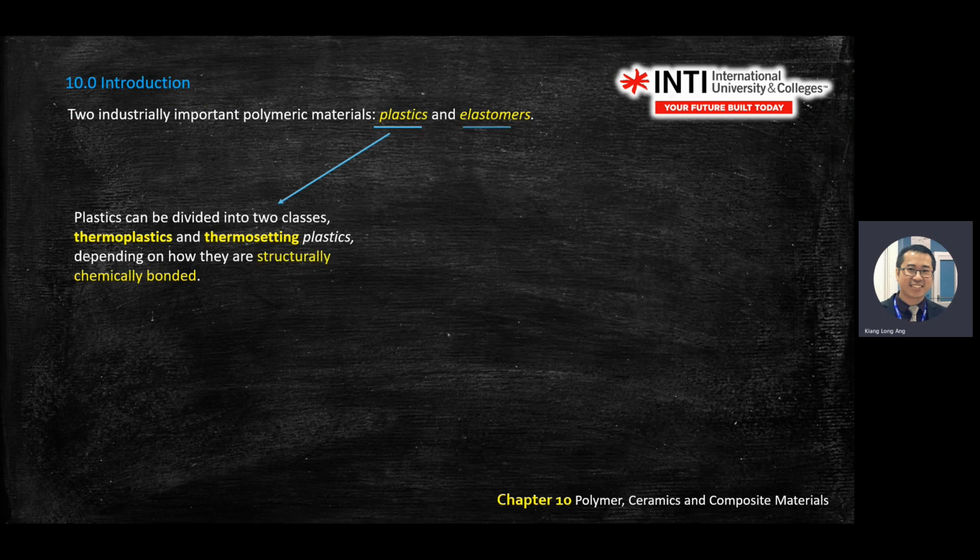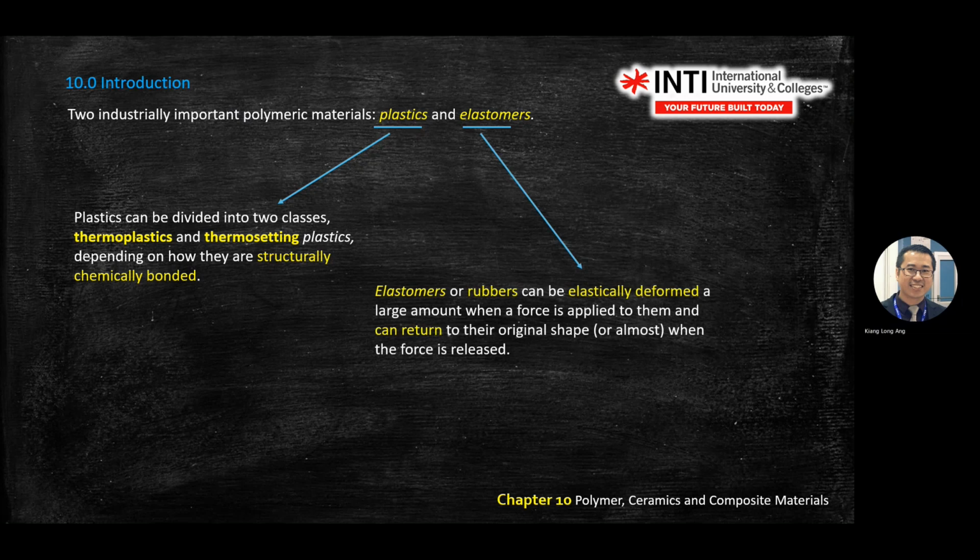The two polymer materials, plastic and elastomer, are very familiar. So how do you differentiate these two? Plastic breaks into two more: thermoplastic and thermosetting plastics. Again, you need to see the chemical bonding between them. Elastomers or rubbers are elastically deformed when a force is applied and can return to their original shape when the force is released.